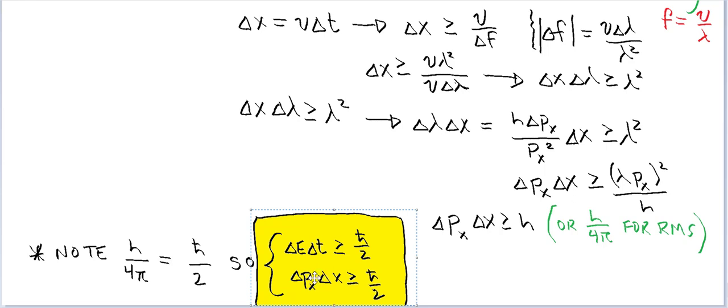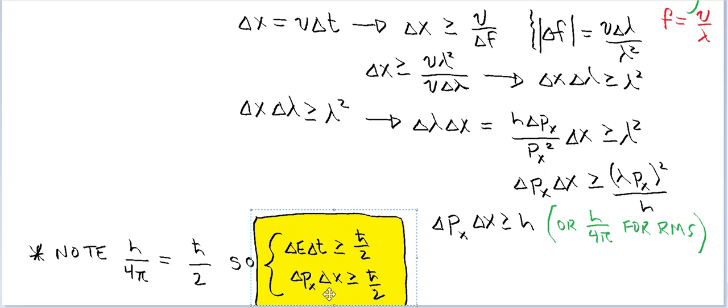What this tells us is that in any experiment where you try and measure position and momentum, the uncertainty in your position along x multiplied by your uncertainty in the measurement of the x component of the momentum will always exceed h bar over 2.